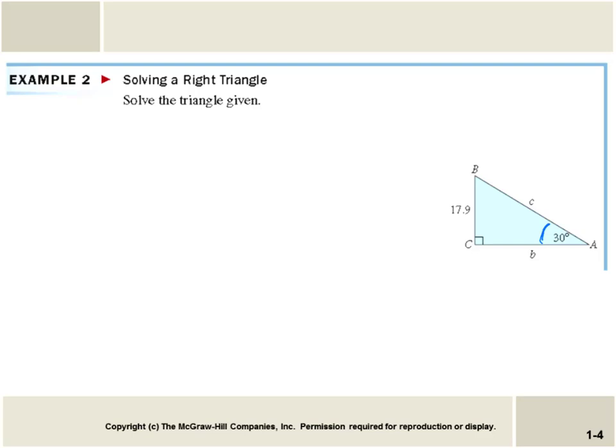So what would I do here? How would I find B and C? Don't let anybody answer. I'm going to start calling on people. Arian, how would I find B?